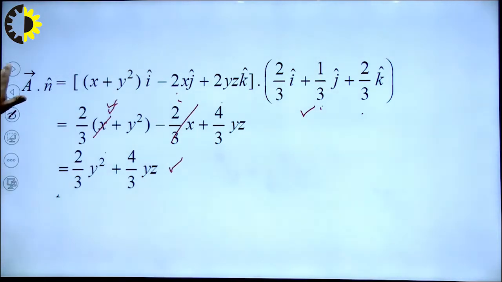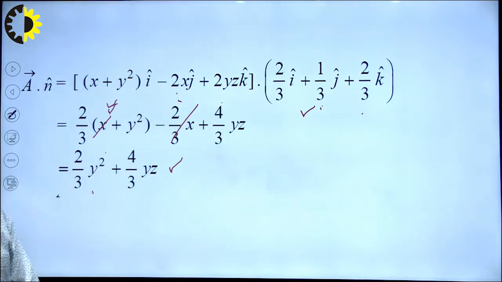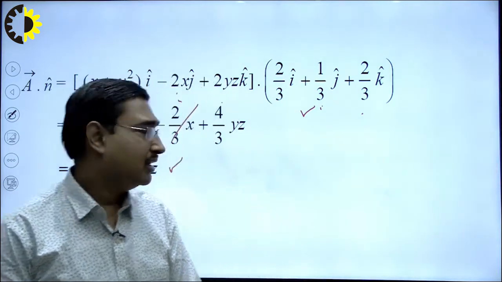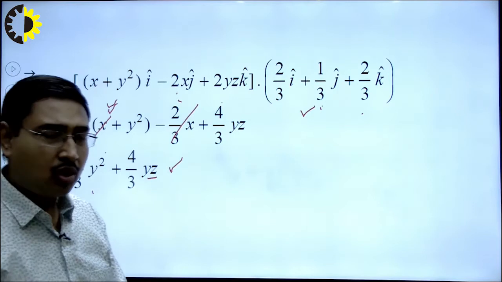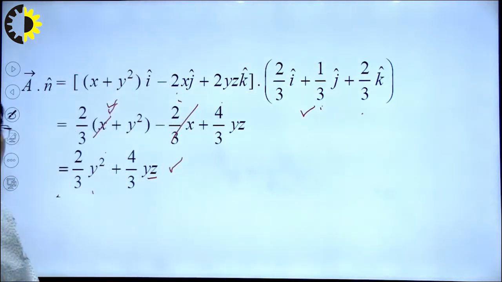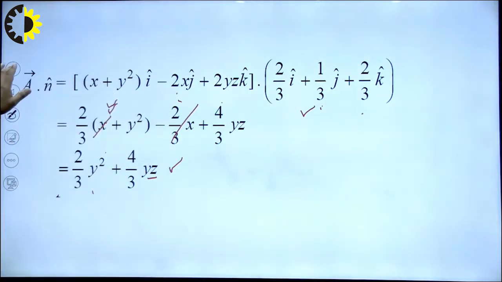Now, this value involves z, because we are going to take the shadow on the xy plane, so the terms of z must be removed. To remove terms of z, we shall convert this z into x and y using the equation of the given surface.